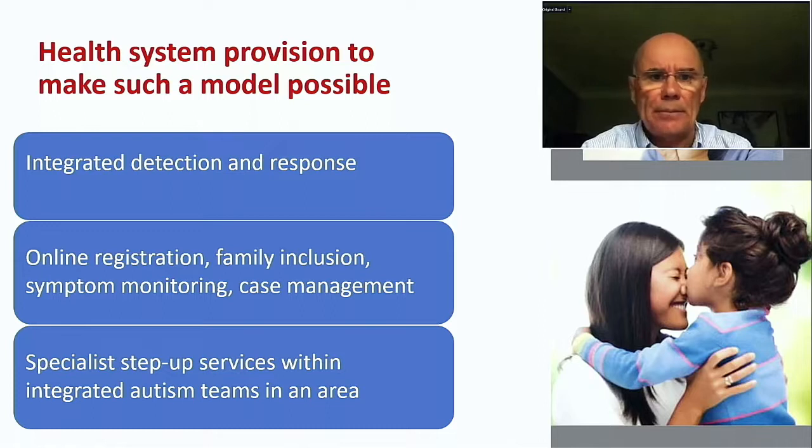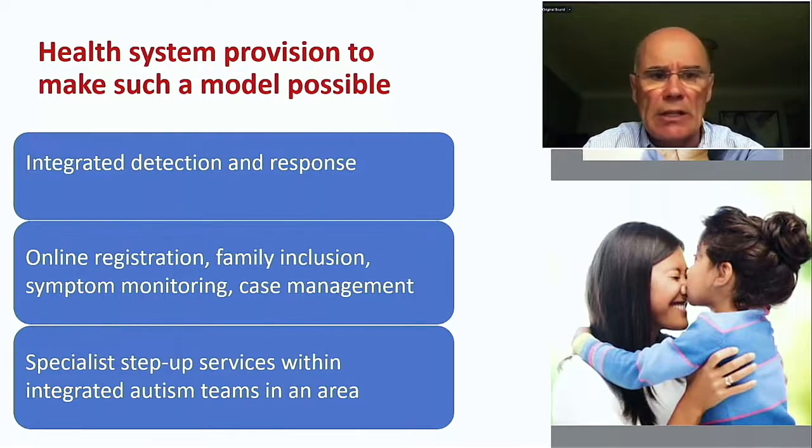So finally, what kind of health system provision do we need to make such a model possible? And this is the aspiration, because as far as I'm aware, this kind of integrated health system just doesn't exist anywhere at the moment. But this is, I think, what we can aspire to.